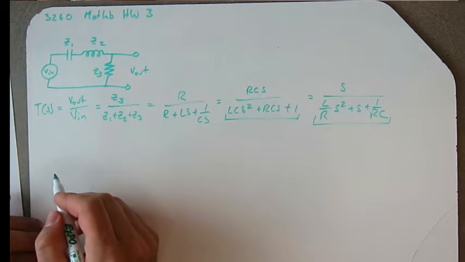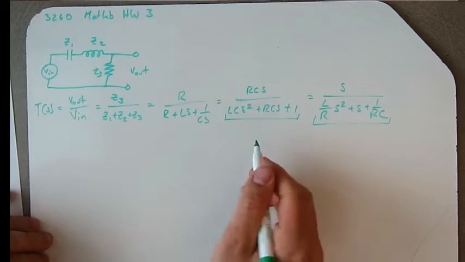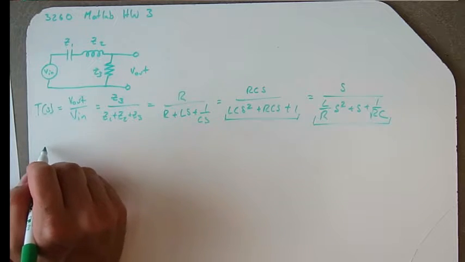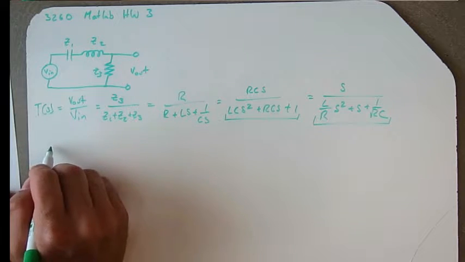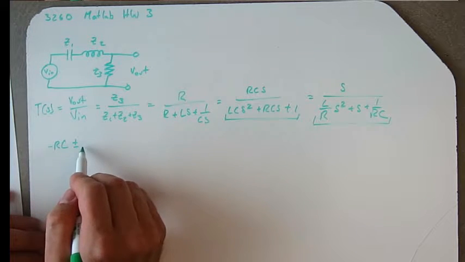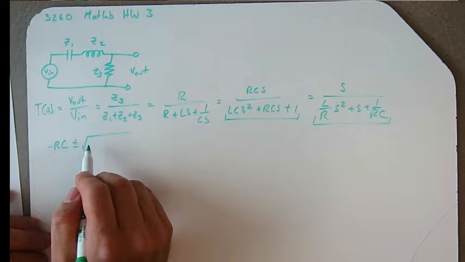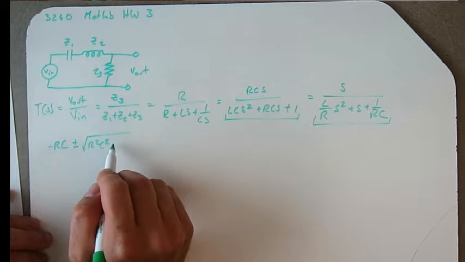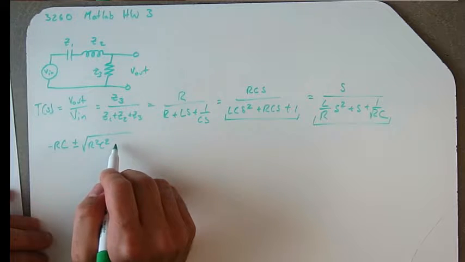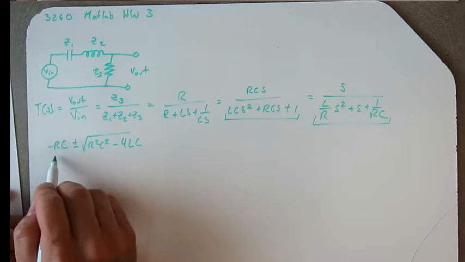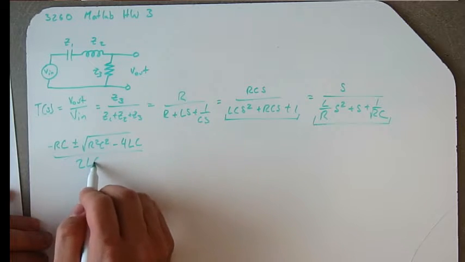Okay, so anyways, I'll just do this one. It doesn't matter. You can say the roots are going to be negative RC plus minus the square root of R squared C squared minus 4LC, over 2LC.